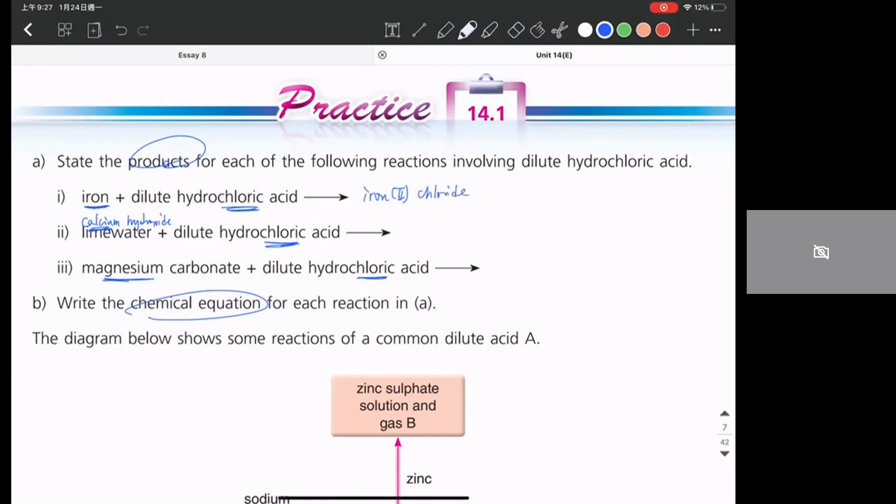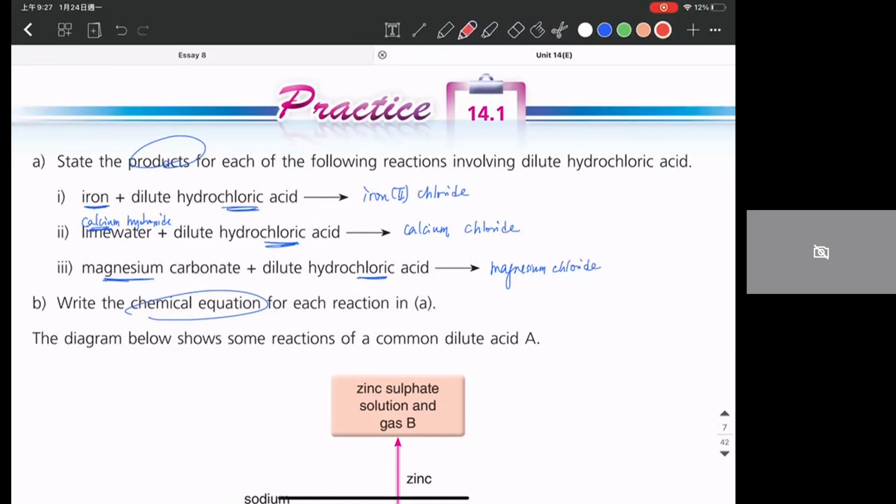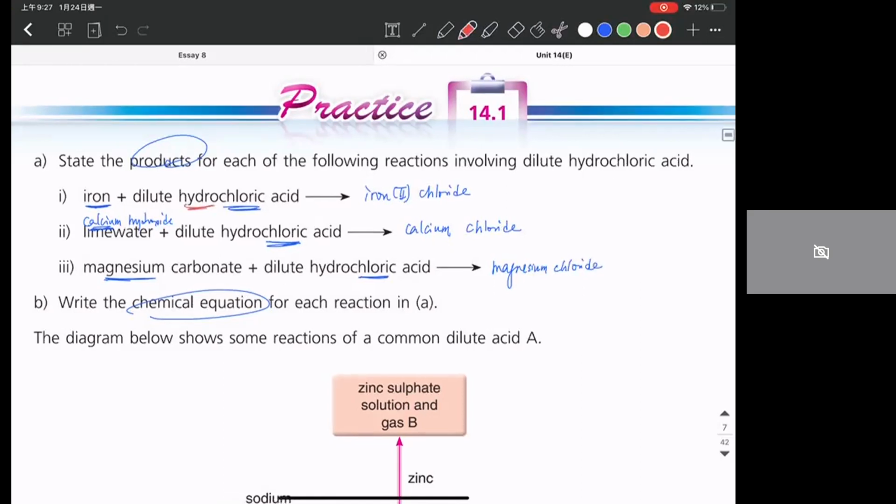Iron 2 chloride. The second one is calcium chloride. How about the third one? Magnesium chloride. So what is left behind? Hydroxide, carbonate, hydro. So what is the product? The first one.